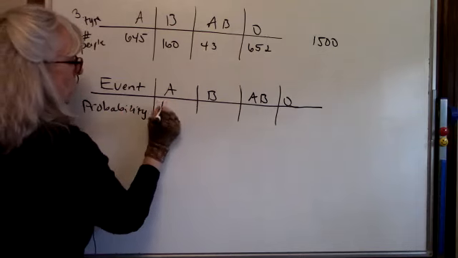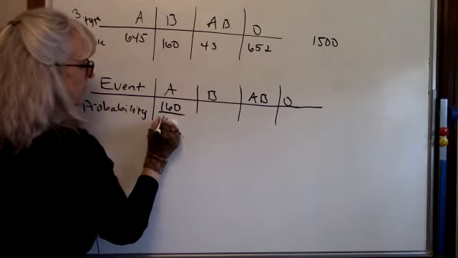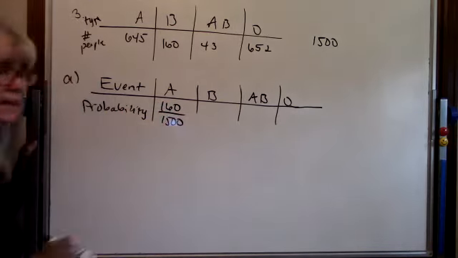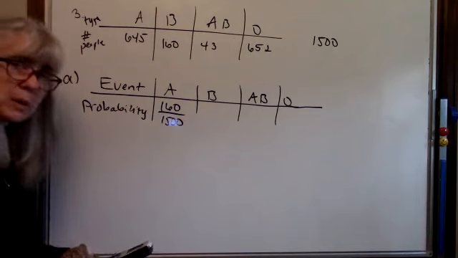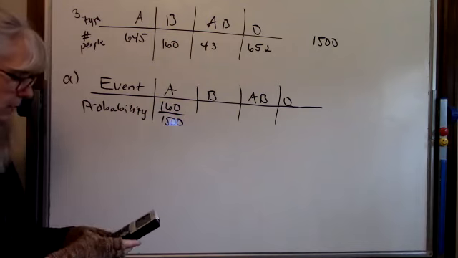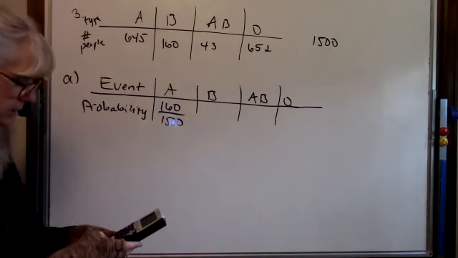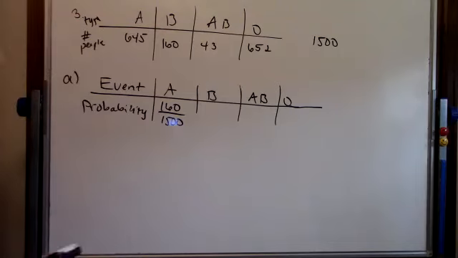So we know that there were 160 out of 1,500 people that had type A blood. So the size of our specific event is the 160. The size of the sample space is the 1,500. And if we take 160 and divide it by 1,500, we'll end up with 0.107.